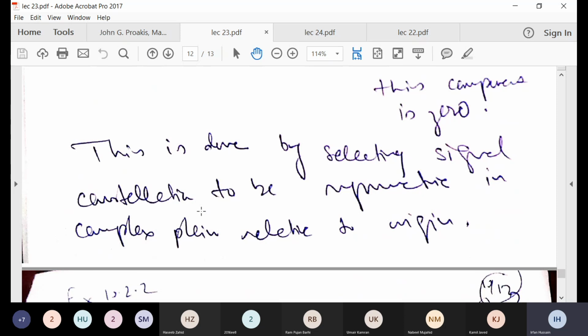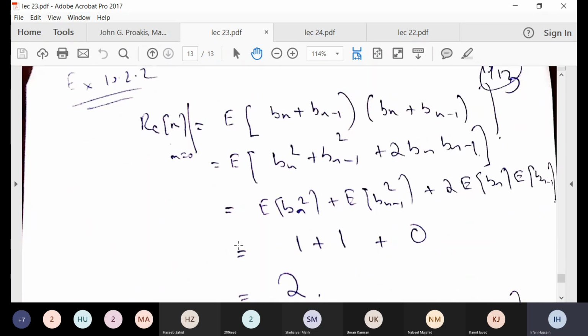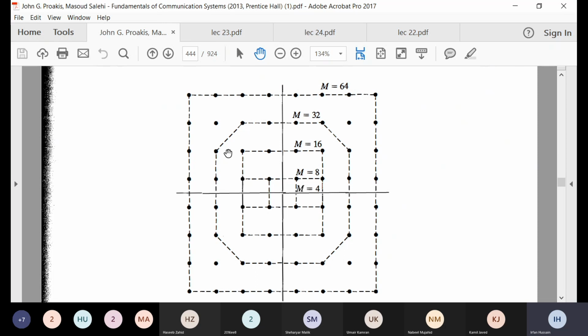Hence this can be done, so considered symmetric in the complex plane relative to the origin. And this is one example.